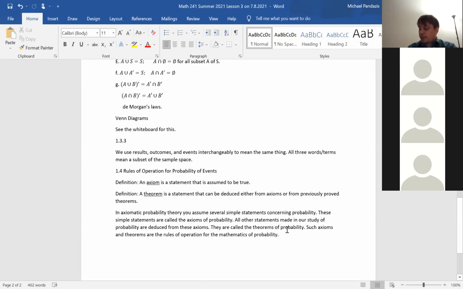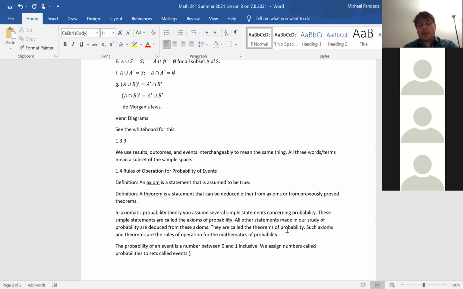Okay, the probability of an event is a number between 0 and 1 inclusive. Inclusive meaning it could also be 0 and 1. Okay, so we assign numbers called probabilities to sets called events.